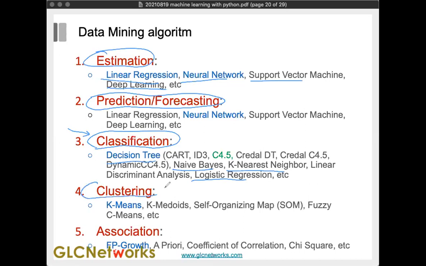Next is clustering. Here, for example, we have data, and then we want to see whether the data is grouping or not based on particular criteria. So here, for example, it's a very famous, real data set, the Iris data set from UCI.